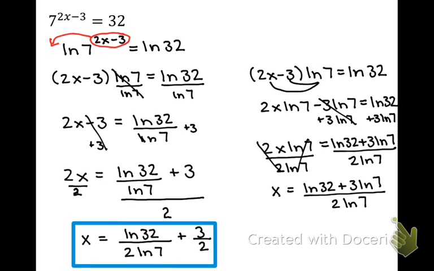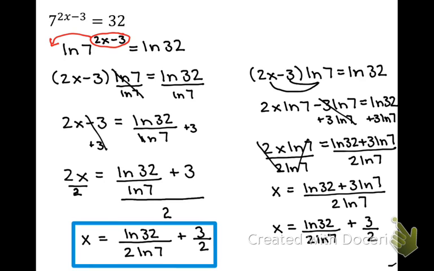Now think about this, that 2 ln 7 belongs to both pieces in the numerator. If I were to break this apart, it would simplify to the same answer I just got. Ln 32 over 2 ln 7. And in that second piece, my ln 7s would actually reduce and I'd get 3/2. So either way, we're going to get that same solution.